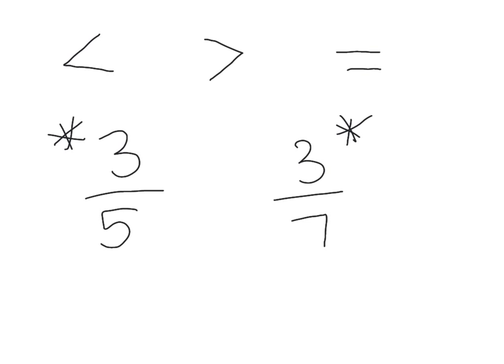So we kind of have to think about this a little bit differently. If I look at 3/5, and I think if I have the same size pizza and I cut it into 5 pieces versus a pizza that's cut into 7 pieces, the pieces on this side split into 5 pieces are actually larger than the pieces that are split into 7.